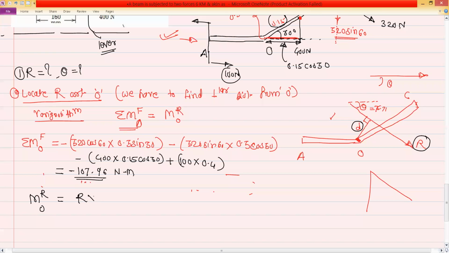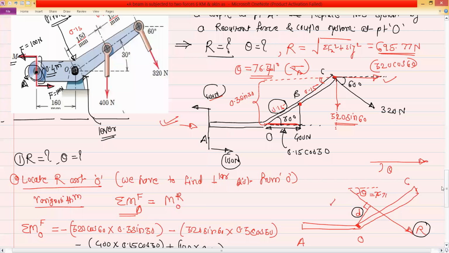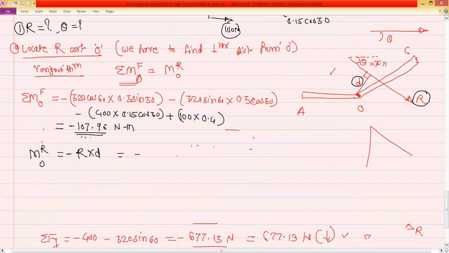The moment is clockwise, so minus R value, 695.77, into distance D, which is unknown and to be determined. Now compare these two values, the summation of moment and the moment by the resultant.